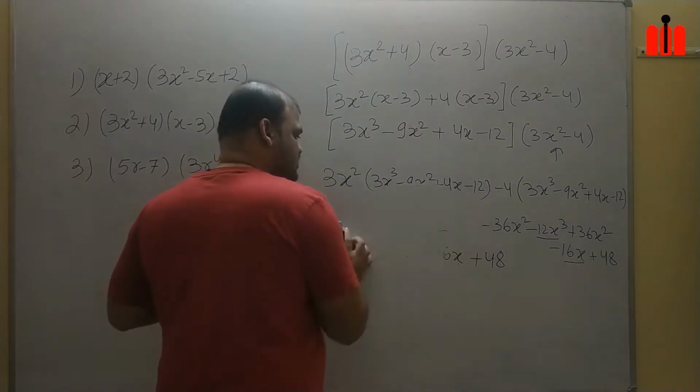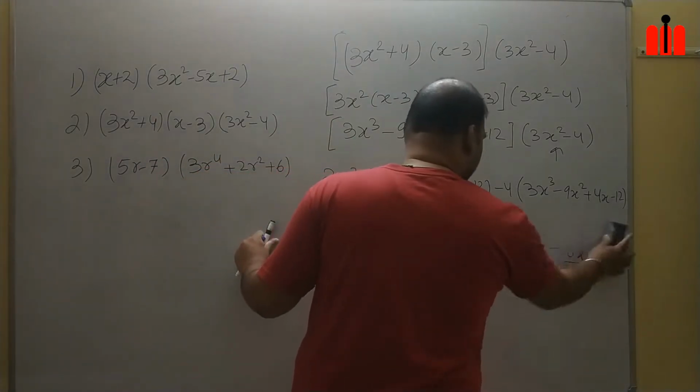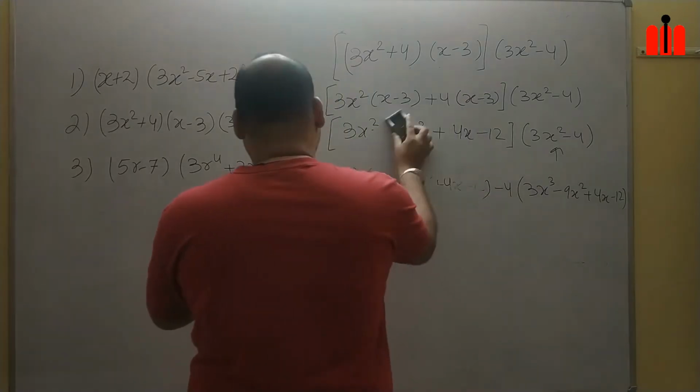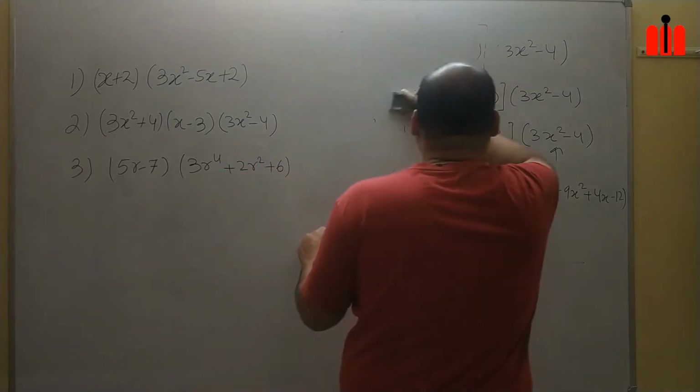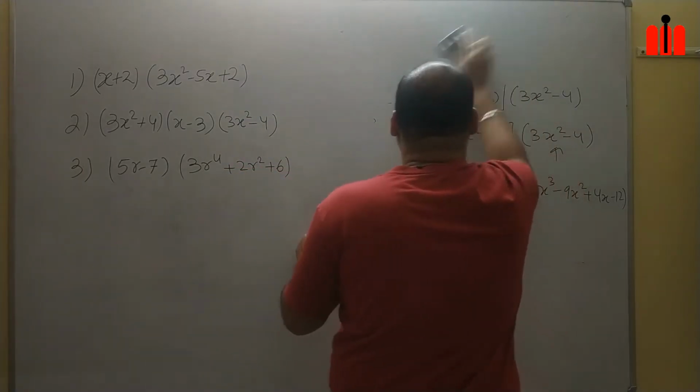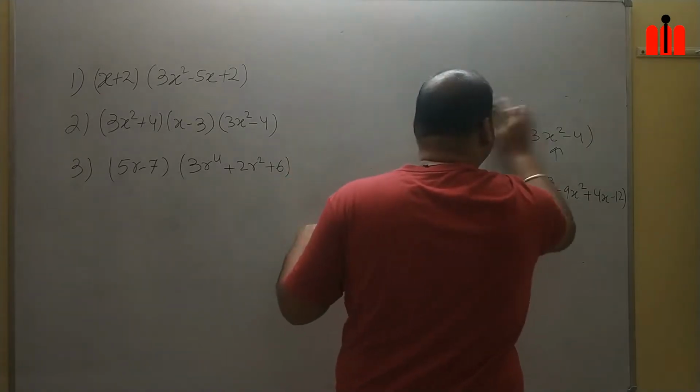So what does problem number 3 say? (5r minus 7) into (3r to the power of 4 plus 2r square plus 6). So this is the third problem.